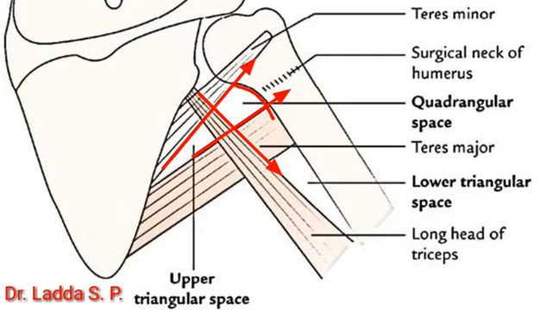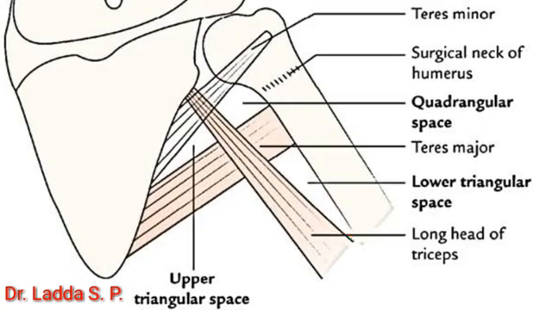Next is the upper triangular space. If you look at the figure carefully, the upper triangular space is a little different compared to the lower triangular space. The apex of the upper triangular space goes toward the scapula, and the apex of the lower triangular space goes toward the elbow.